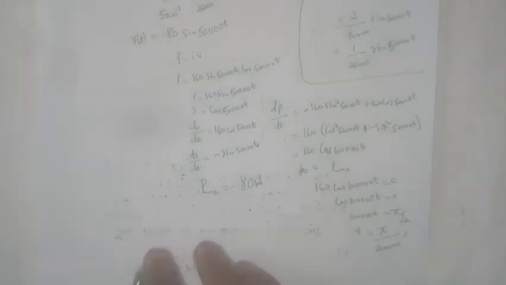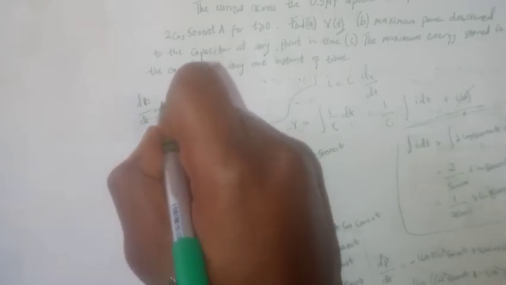The last part of the question requires us to calculate the maximum energy stored in the capacitor at any point in time. Okay, we take the same approach, except this time the rate of change of energy with respect to time is power. So dW/dt is equal to p.